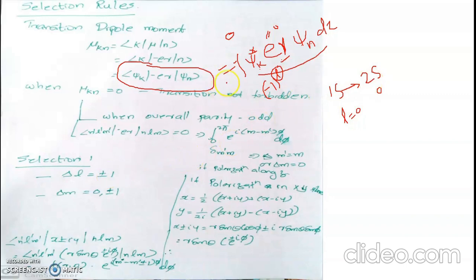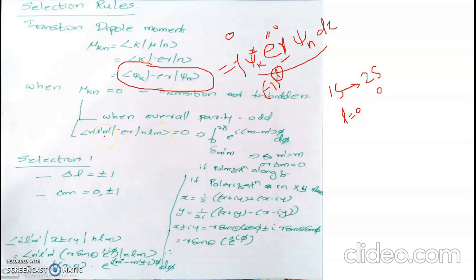Now another occasion in which this will be tending to 0 can be evaluated in terms of this representation. Ket psi k can be written as, say, ket n prime l prime m prime, and ket n by means of ket n l m. So this scalar product is the scalar product of n prime l prime m prime with minus er and ket n l m.